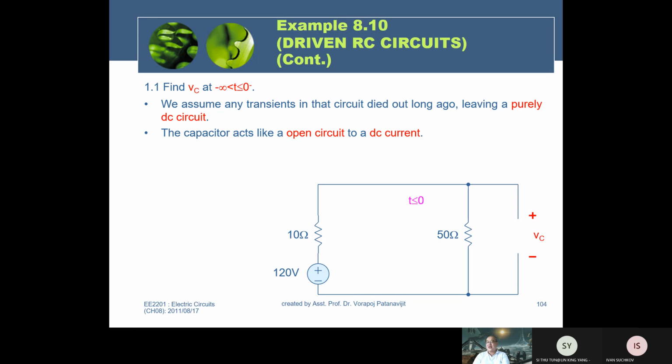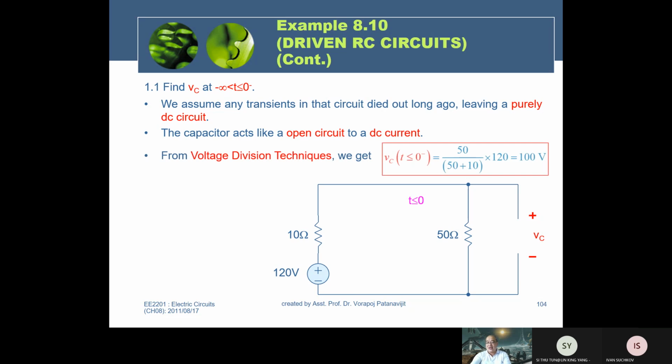Therefore, you can compute VC very easily by applying the voltage divider technique. VC equals the total supply voltage, 120, multiplied by the 50 ohm divided by the sum of the resistors. In this case, VC equals 100 volts.